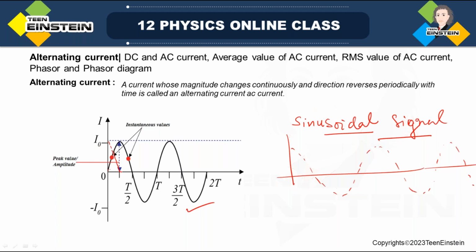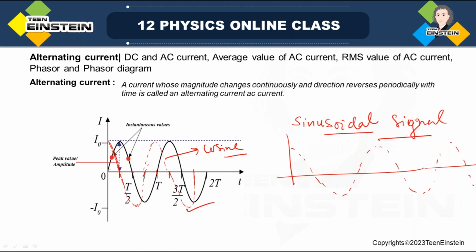It will be 0 here, then go to the opposite direction, so it is maximum to 0 like this, then going this way. When this is 0 it will be maximum, then 0 here, then going to the other direction. Like that the cosine curve will go.